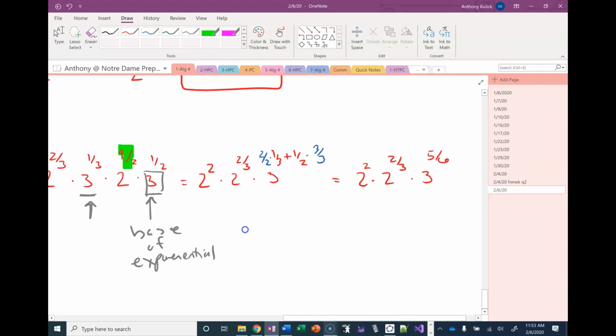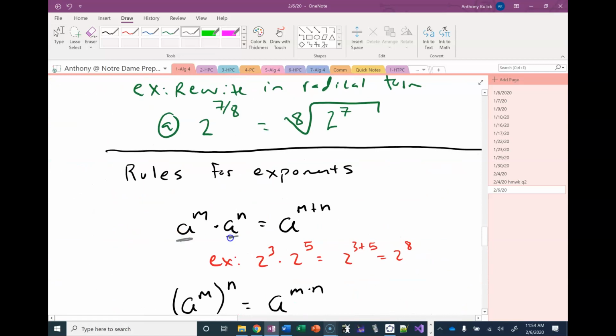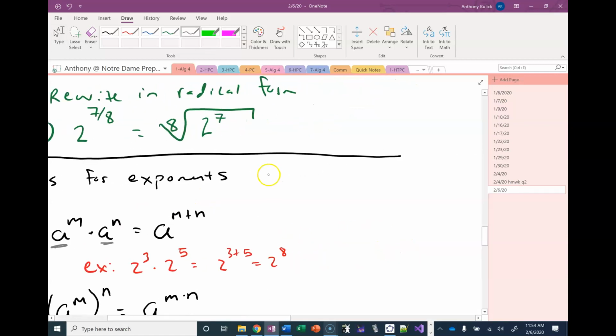If we go back and look at these properties, notice that we used the same letter here, right? You can't do 2 to the 3rd times 3 to the 4th and have that work. That is not the same thing as 6 to the 7th. That is not true.